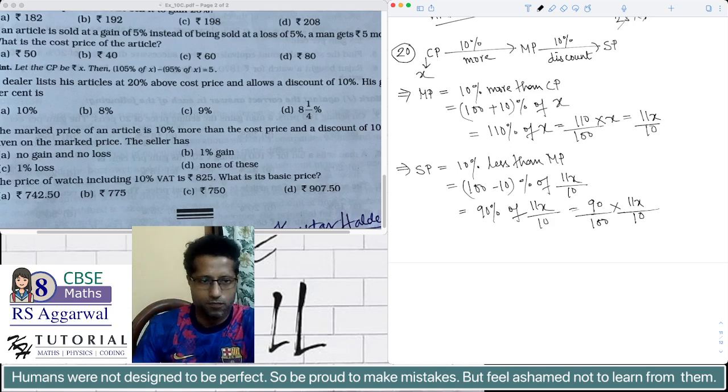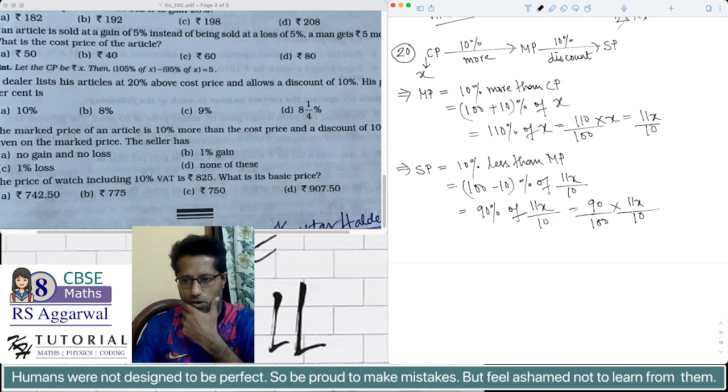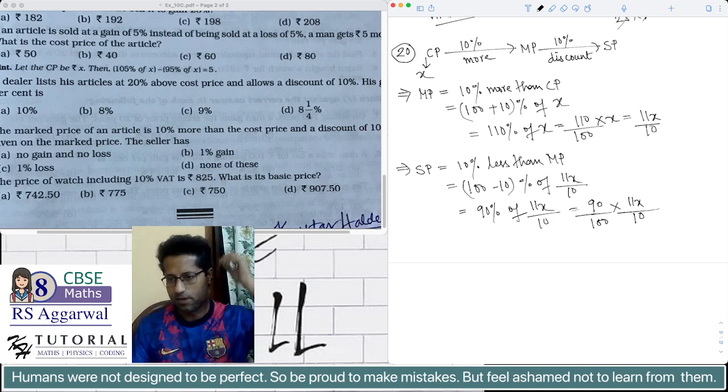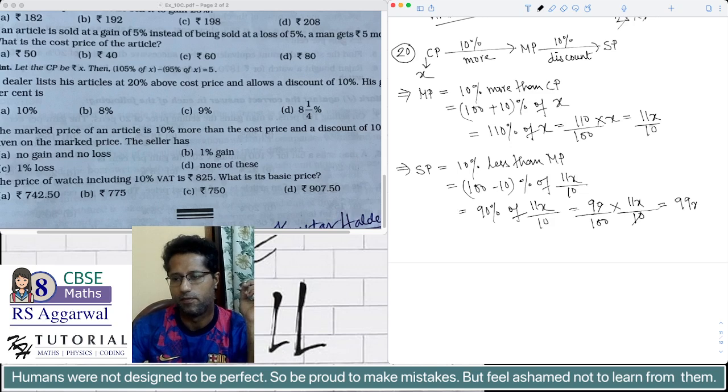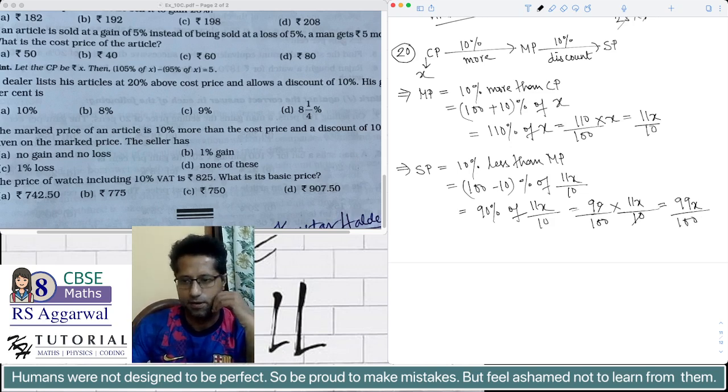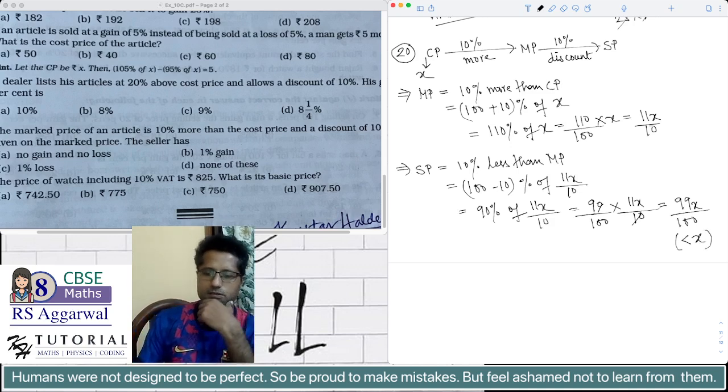Okay, so we have to find whether there is a gain or loss, and what is the percentage of gain or loss. So this is equal to 99x by 100. Now 99x by 100 is definitely less than x, because the fraction 99 by 100 is less than 1.